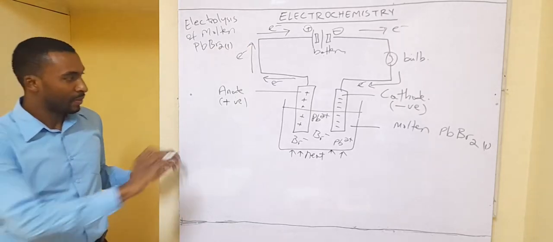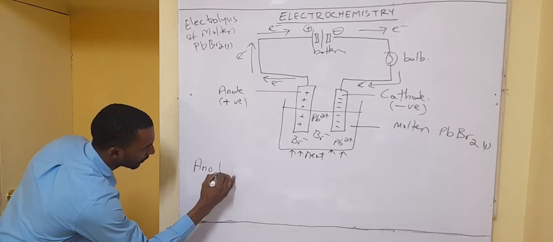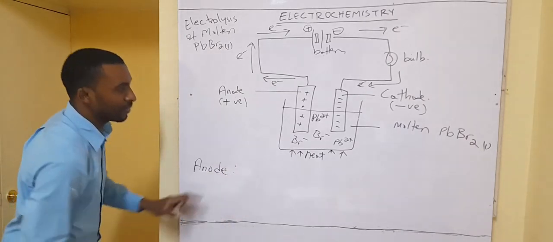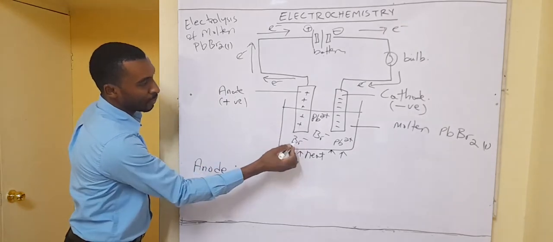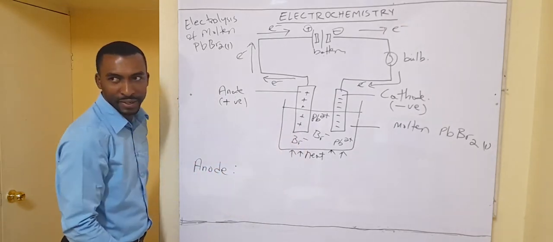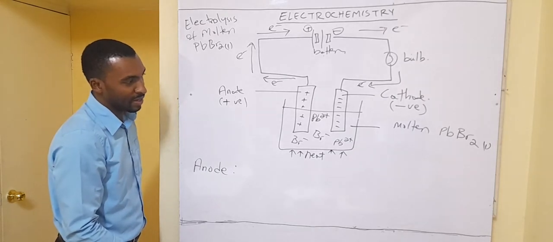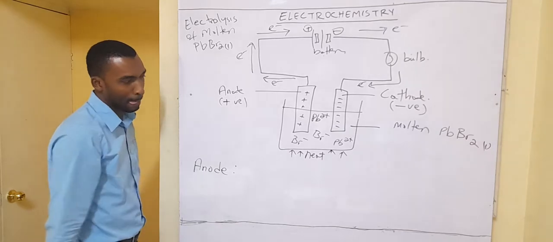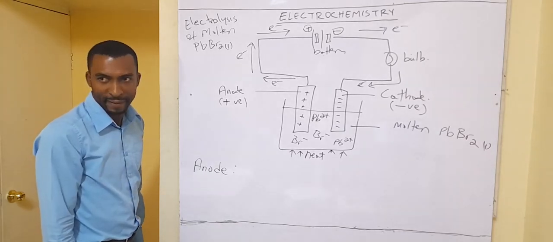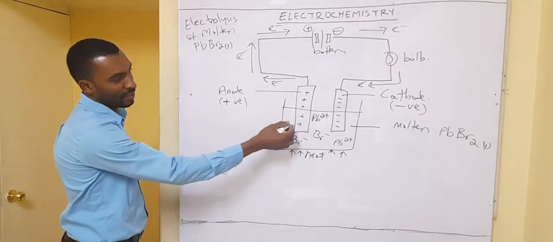Alright? So at the anode, this is how you have to do it in the exam. At the anode, they want to know which reaction is taking place. So the anode is positive, so which ions will be attracted to the anode here? The Br- or the lead? The lead? No, it's the opposite. Br-. Remember that opposites attract.